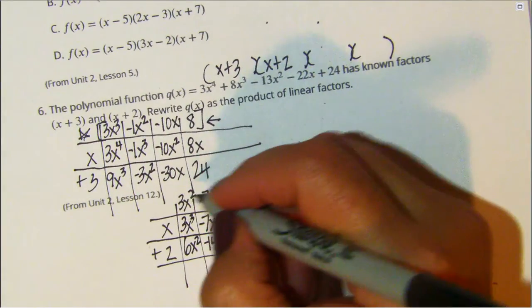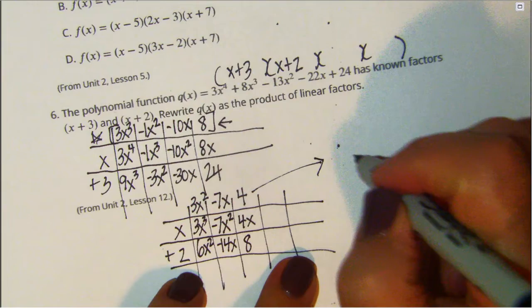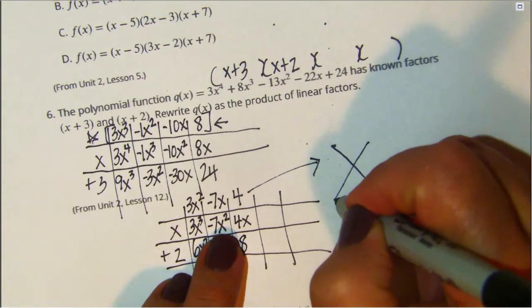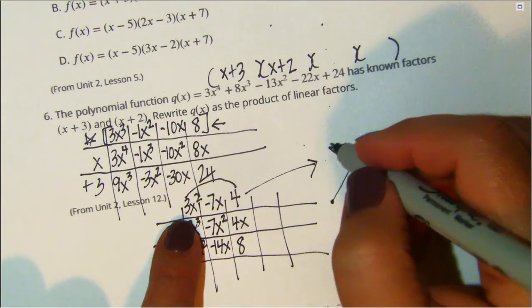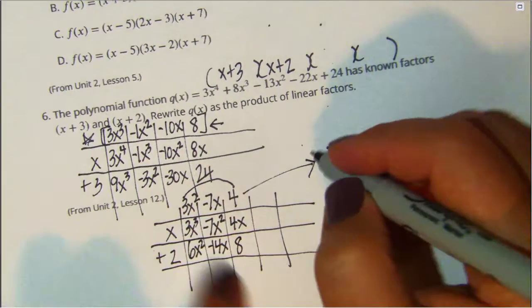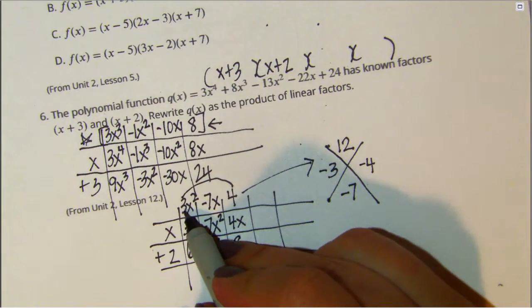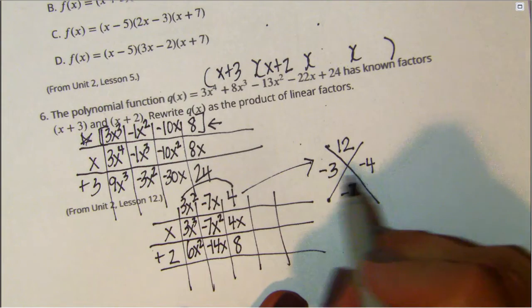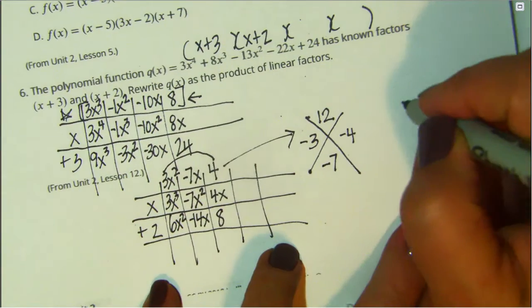Okay, so now we come over here and we have to do our puzzle. And this one's a little challenging because it's got that 3 in the front. So what two numbers multiply to 12 but add to -7? -3 and -4. And be careful, when this is a 3, you cannot just take these two numbers. Those aren't the factors in there. You're going to have to work backwards with your box.